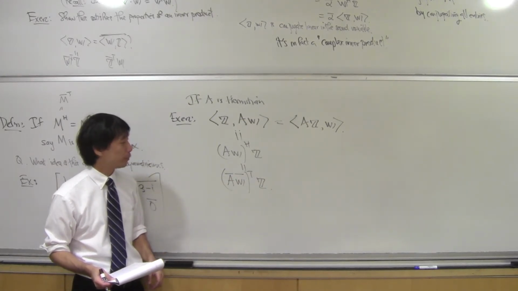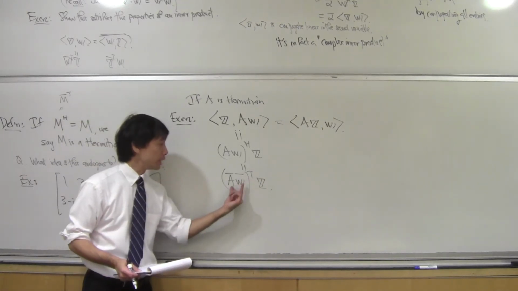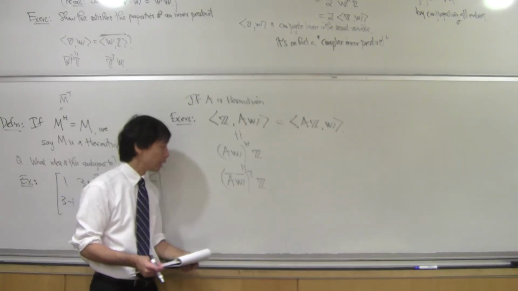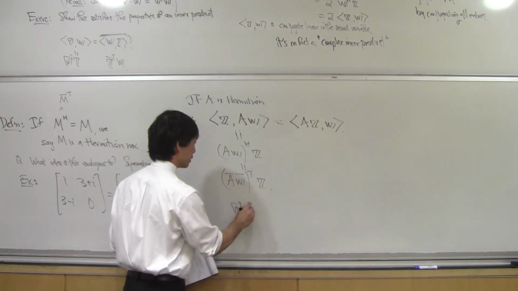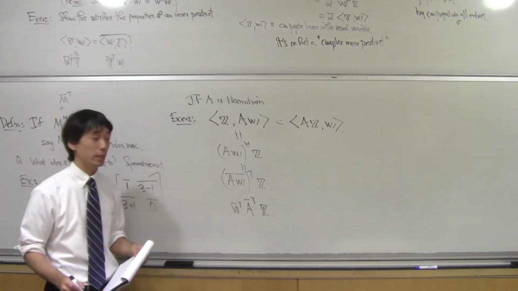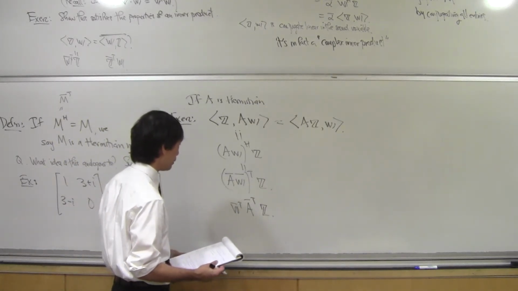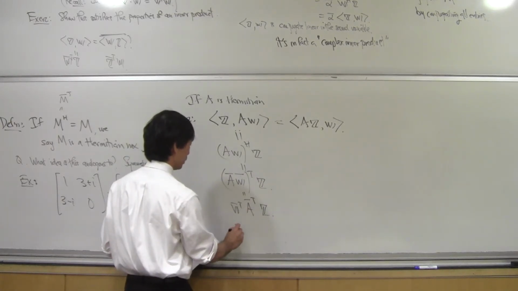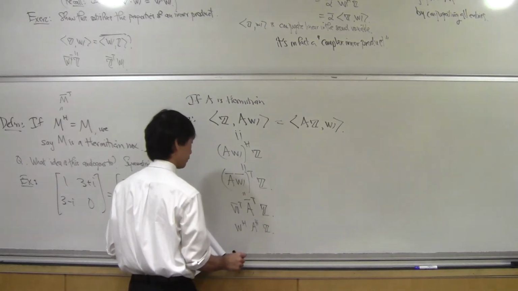We never proved it, but it's true. Then the transpose of a product is the product of the transposes in the reverse order. So we get this. Maybe I'll write it using the H notation: W^H A^H Z.